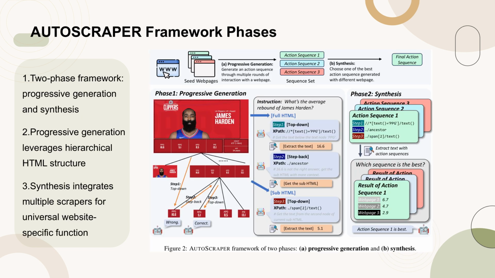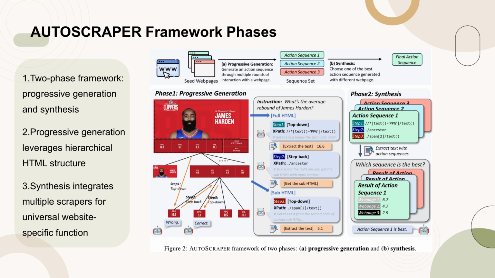Figure 2 illustrates the AutoScraper framework, which consists of two main phases: progressive generation and synthesis. The progressive generation phase utilizes the hierarchical structure of HTML to progressively understand and prune the web page, making it easier for the large language model, LLM, to generate executable web scrapers.